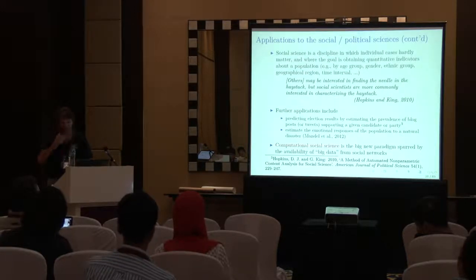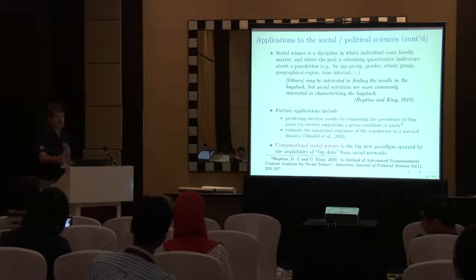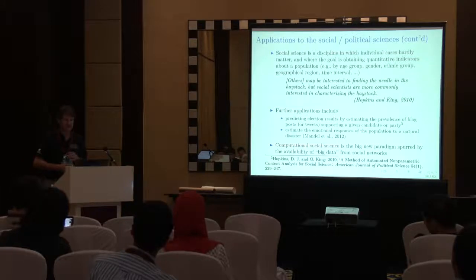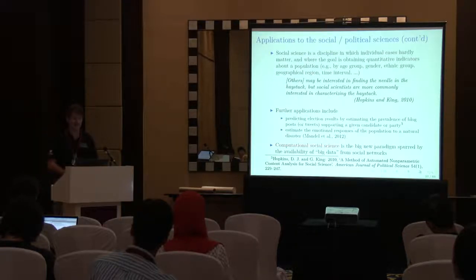So in general, why do I mention the social sciences? Because the social sciences, the political sciences, are disciplines in which individual cases hardly matter. Social scientists are inherently interested in aggregate results.